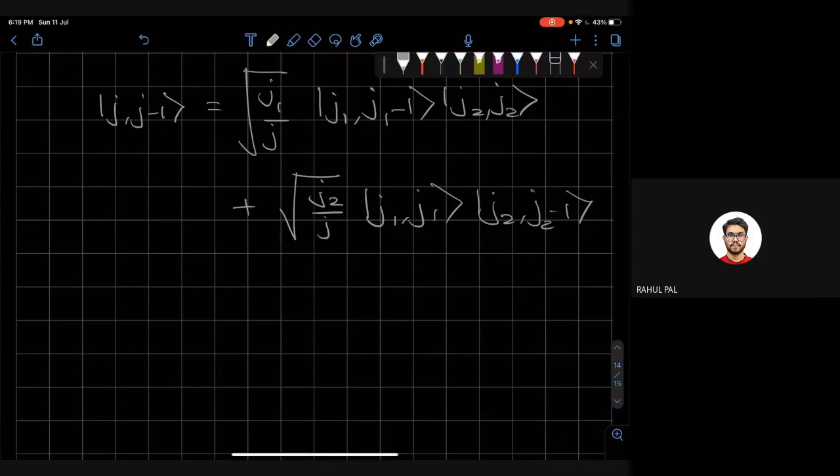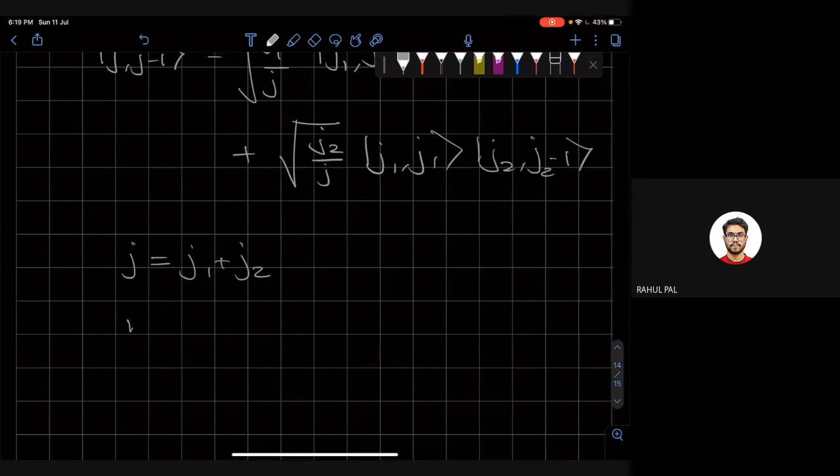So thus we see that for j equals j1 plus j2, but for m value j1 plus j2 minus 1, we have two ways.